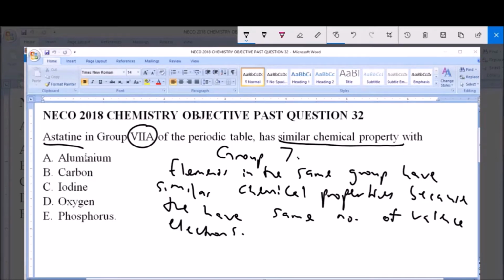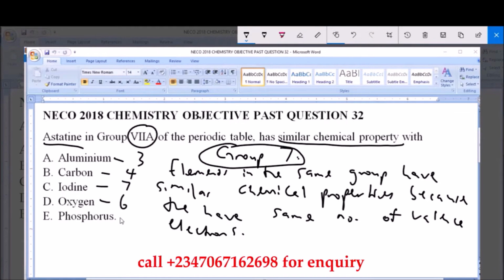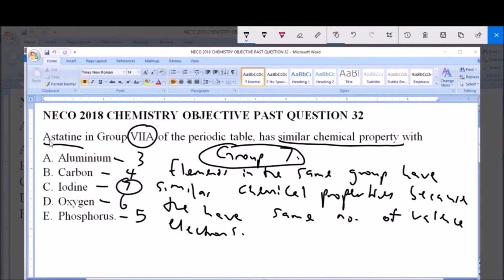For us to pick the answer, all we have to do is pick out the element amongst the options that belongs to the same group as astatine, which is group 7. Aluminium belongs to group 3, carbon group 4, iodine group 7, oxygen group 6, phosphorus group 5. So iodine belongs to group 7, the same group as astatine. Hence, it has similar chemical properties because it has the same number of valence electrons as astatine. So option C, iodine, is the correct answer to this question.